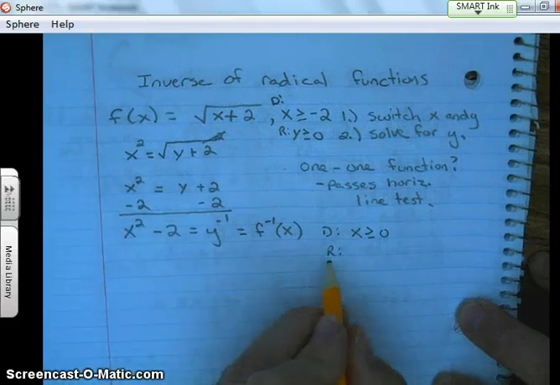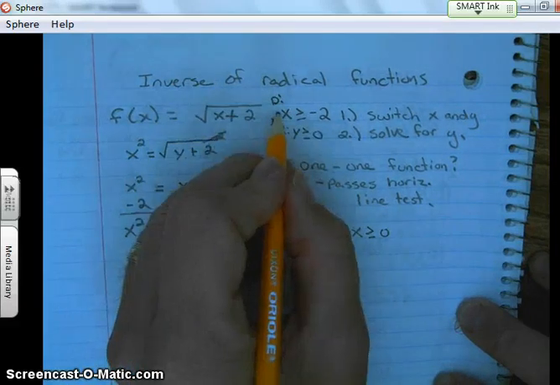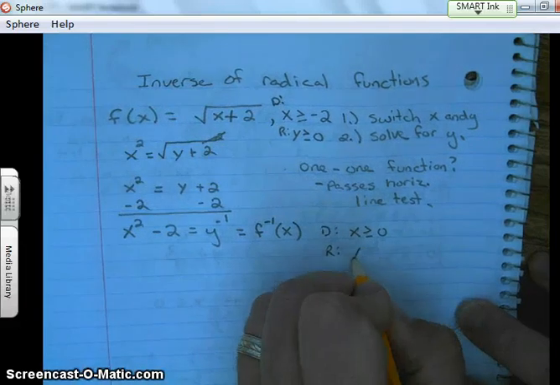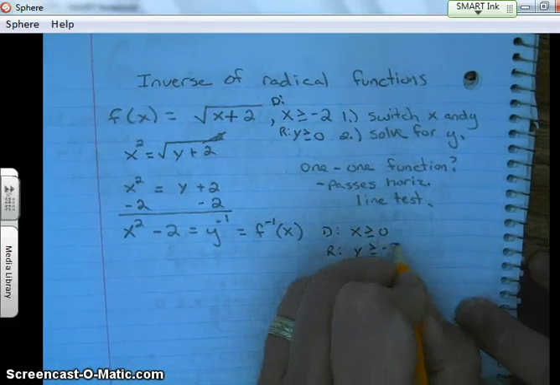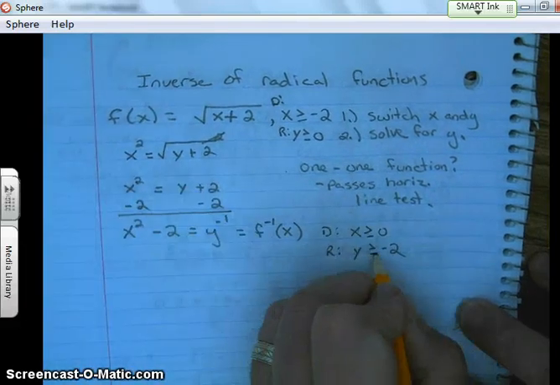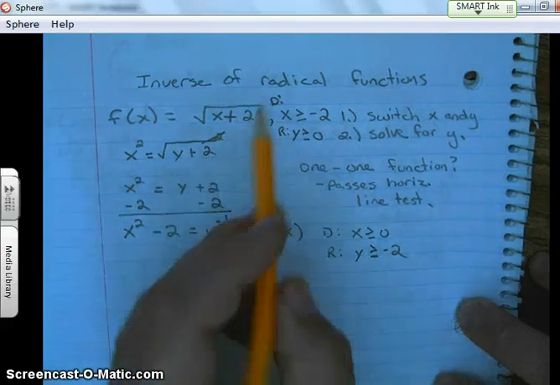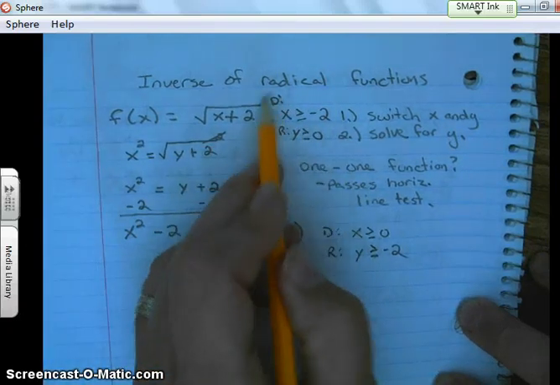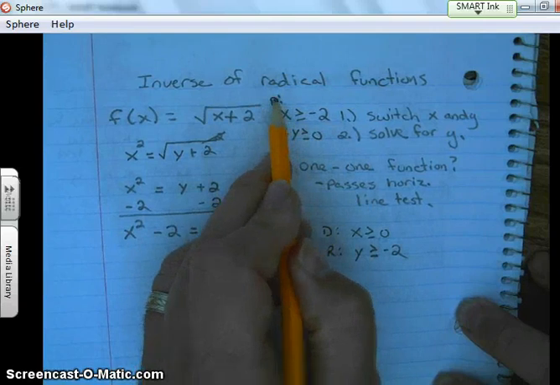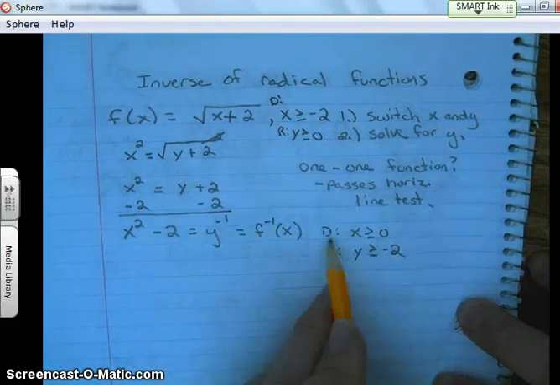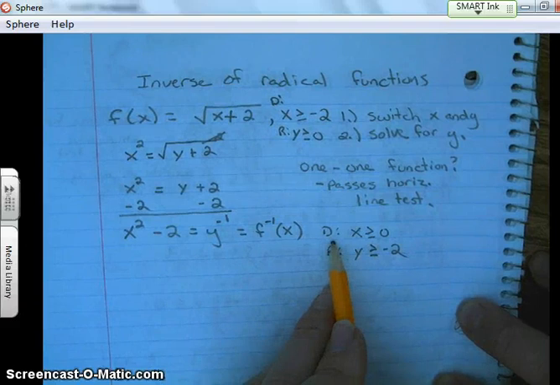And the range of our inverse function is going to be the domain of our original function. Now this is going to be important because remember, inverse is all about switching x and y, and domain represents x. So x becomes y. Range is y, y becomes x, so they switch spots.